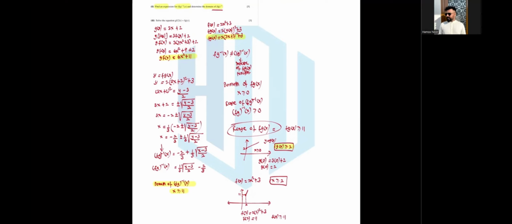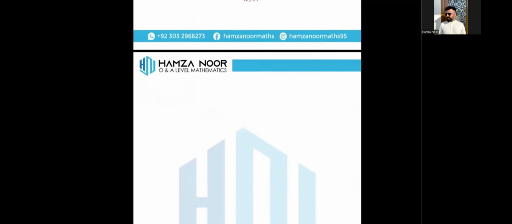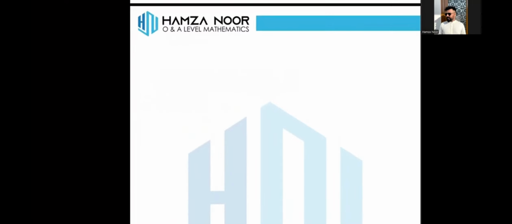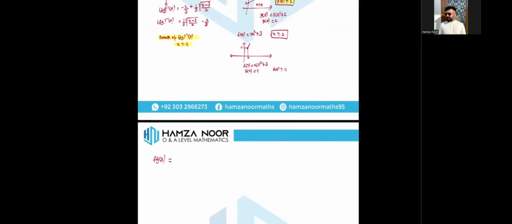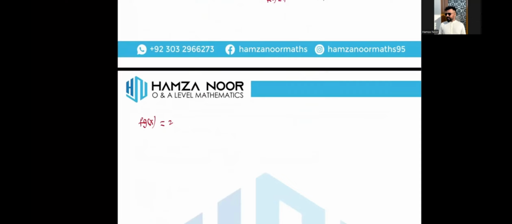And here we also have an alternative approach in order to find the range of the f(g(x)) function. So I'll just do this alternative approach over here. We know that the f(g(x)) function is basically the unsimplified expression 2 times (3x plus 2) whole squared, and then plus 3.